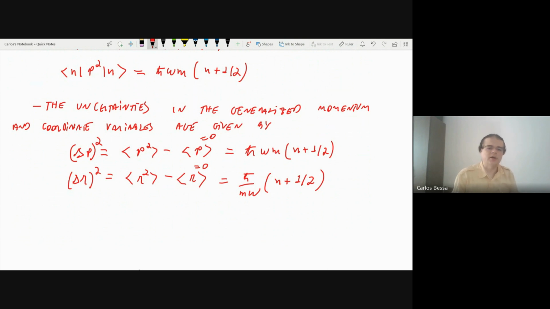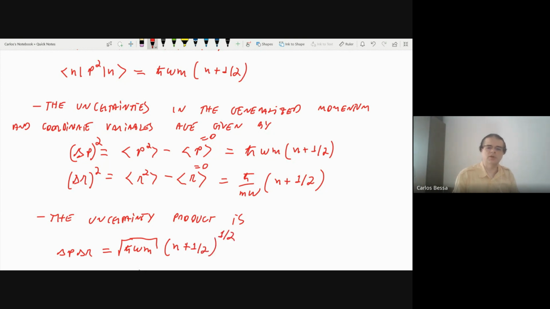And the uncertainty product is delta P, delta R. So delta P is the square root of h bar omega m, and the square root of this 1/2.